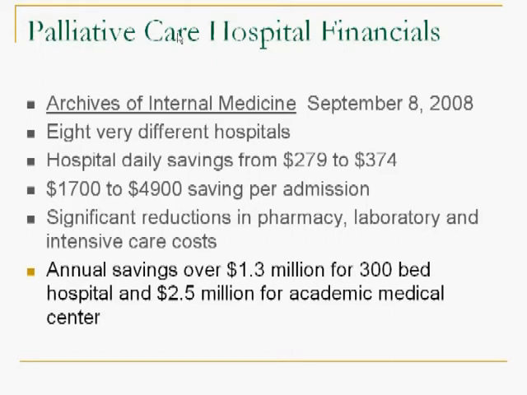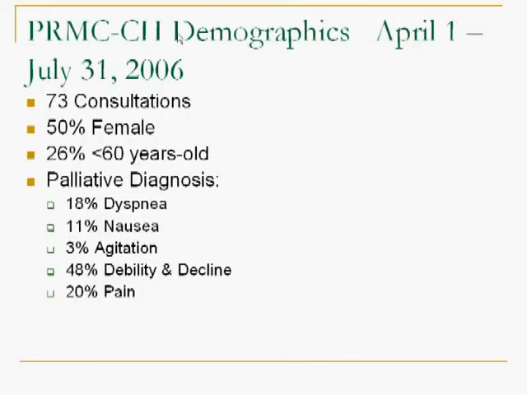Peninsula Regional is right around 400 beds, so you can figure $1.5 million or so annual savings we're probably representing to them with this program.